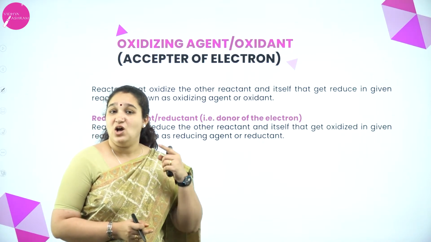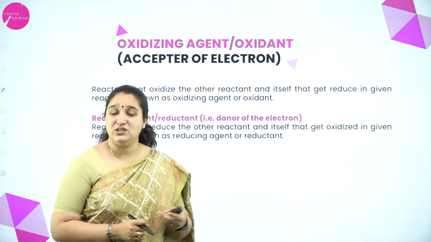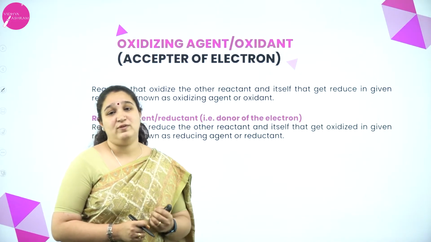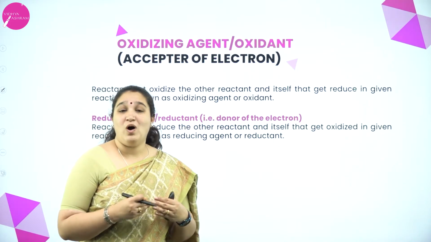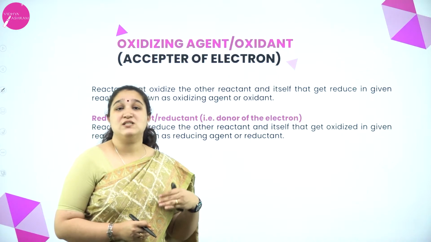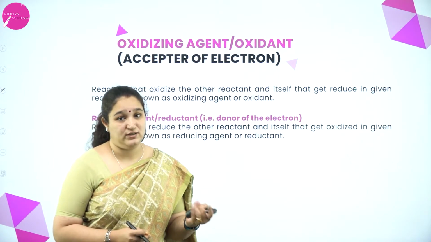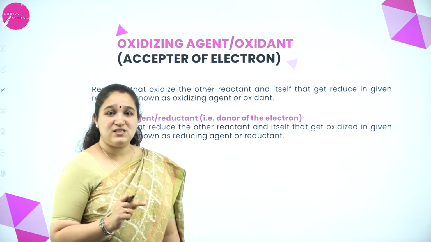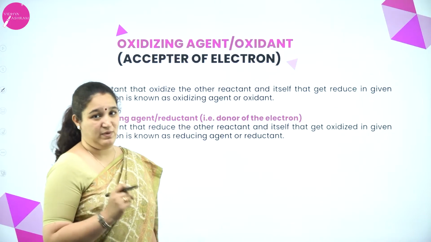Oxidation reaction is loss of electron. What is reduction reaction? It is gain of electron, correct? Now we are learning what is the meaning of oxidizing agent and reducing agent. Again, we'll understand them with the same example.